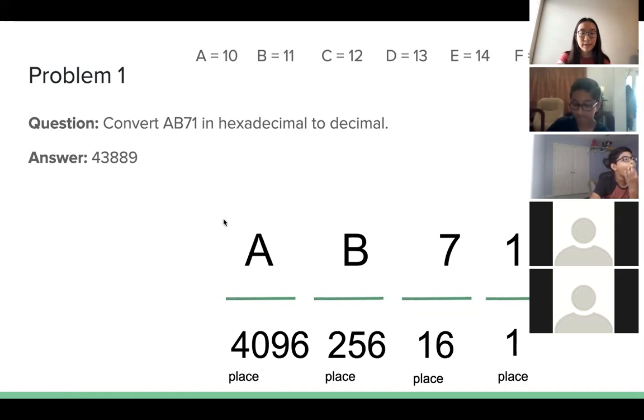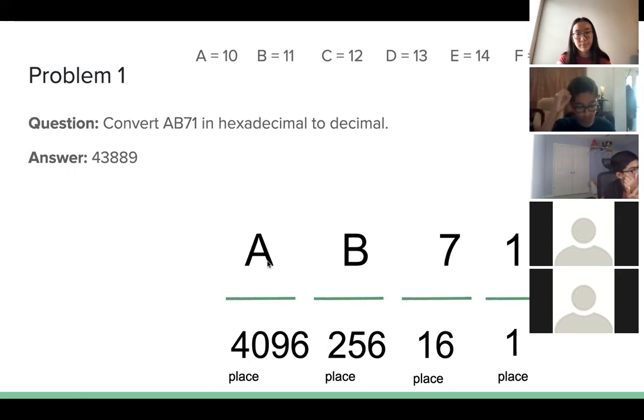Okay, so like Jivitesh explained, basically just multiply the digit by its place value. You see all the digits up there, the special digits that are letters. Those just correspond to a number. So pretend A is going to be 10, pretend B is going to be 11. And then you see the hexadecimal place values at the bottom.